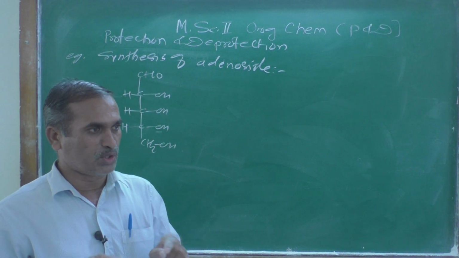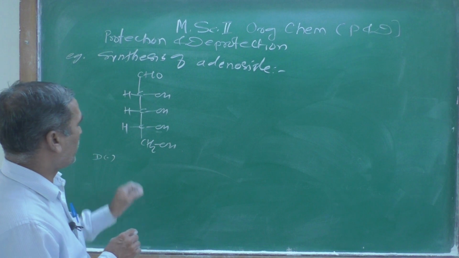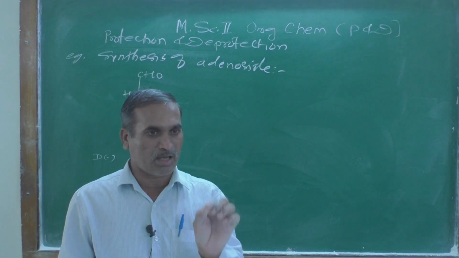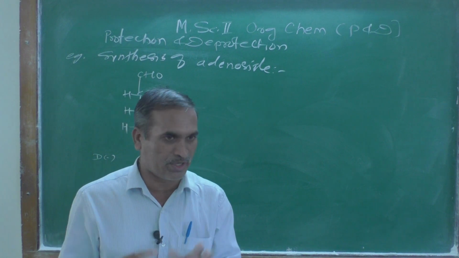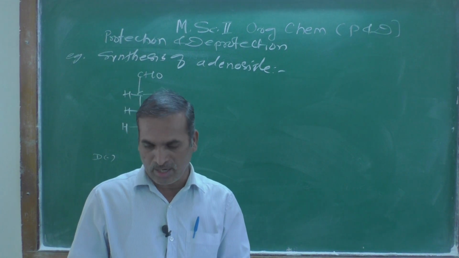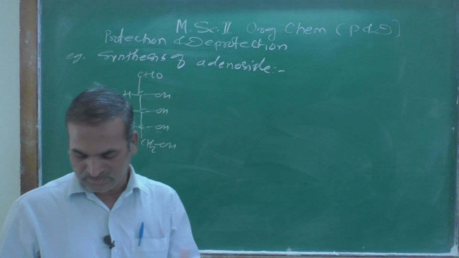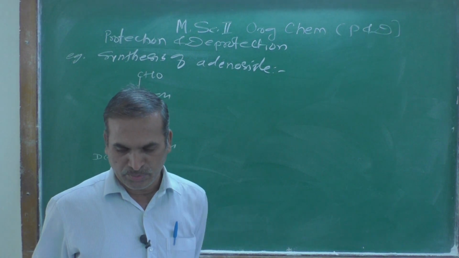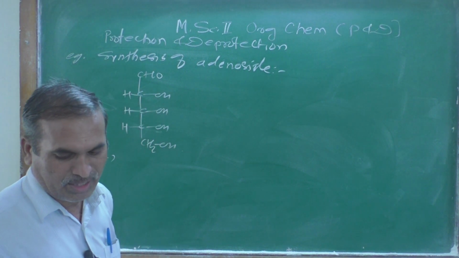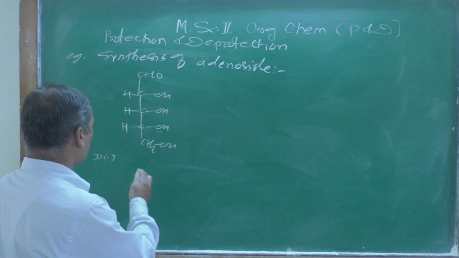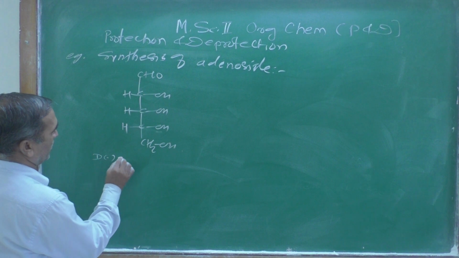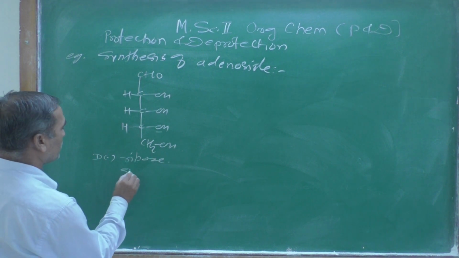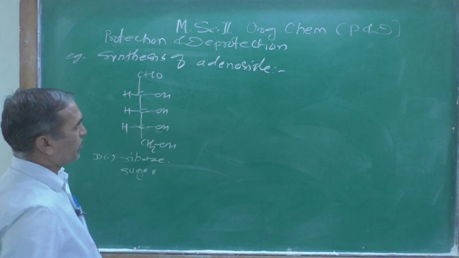And as we know, chiral center means the carbon atom attached to 4 different groups is known as a chiral carbon. Now this compound is D-ribose, a sugar unit, right? This is a sugar unit.